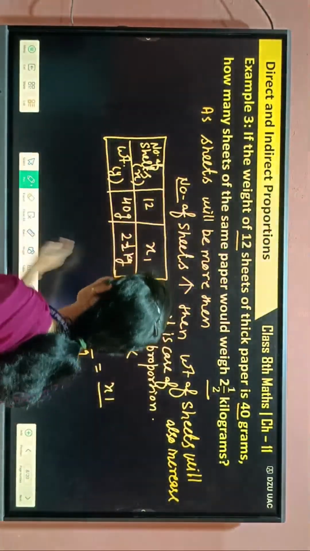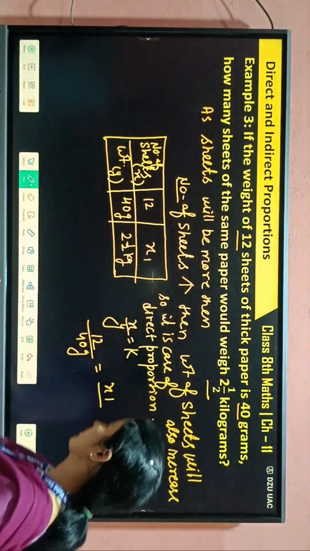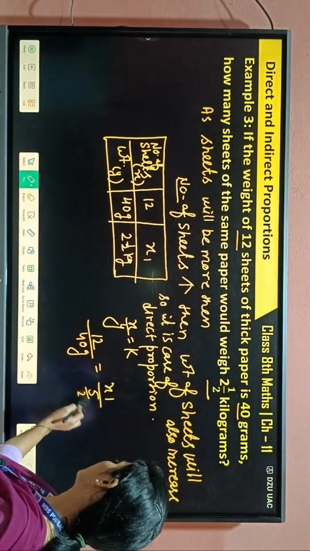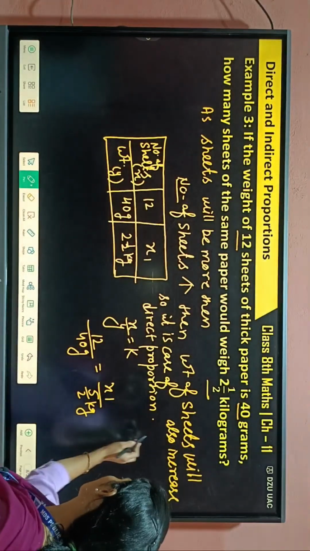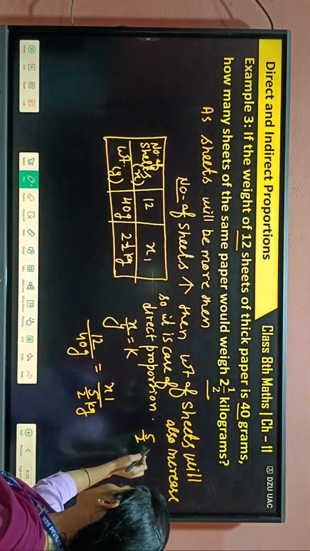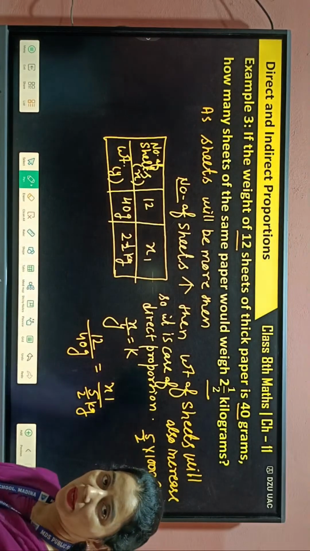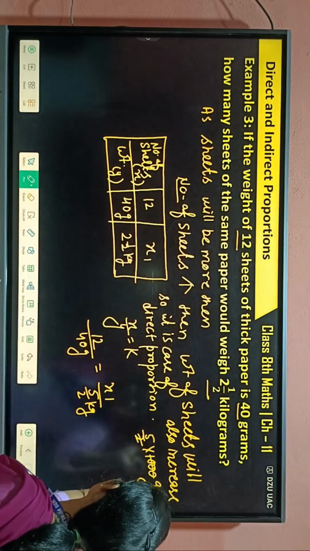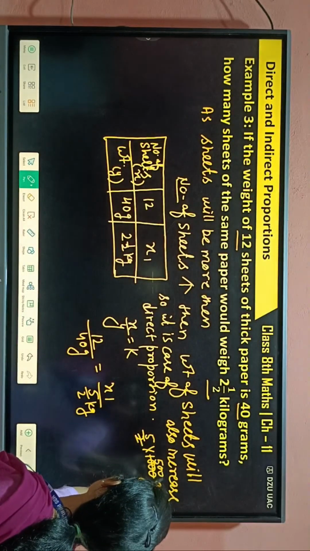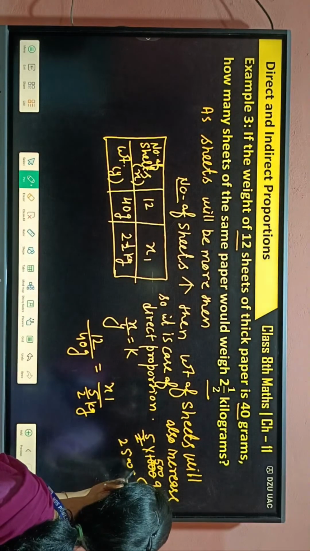Convert this into an improper fraction: 2 2s are 4 and 1, so 5 by 2 kg. Converting into gram, multiply by 1000. 2 5s are 10, so 2500 gram.